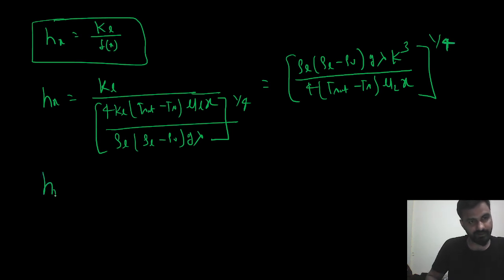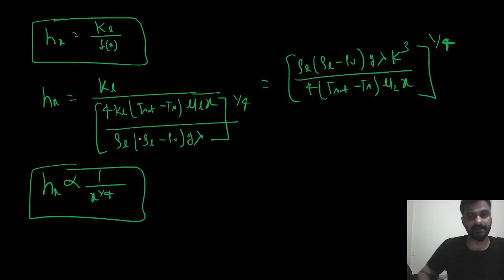So here you can see Hx is directly proportional to 1 upon x to the power 1 by 4. It's very important. Hx is inversely proportional to x to the power 1 by 4.